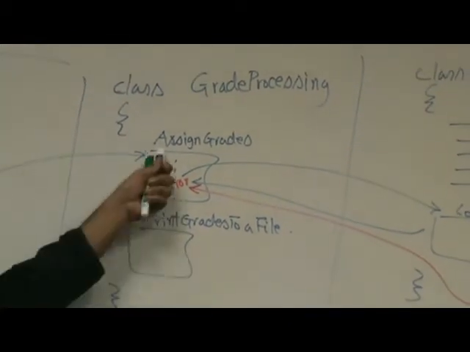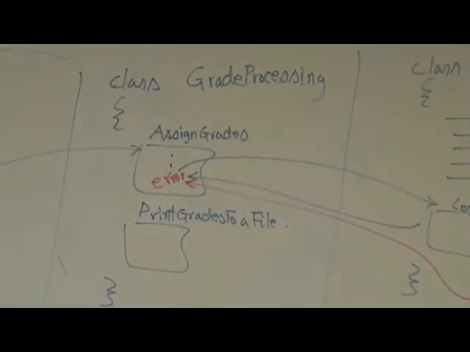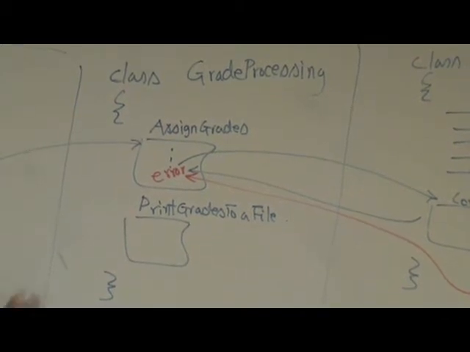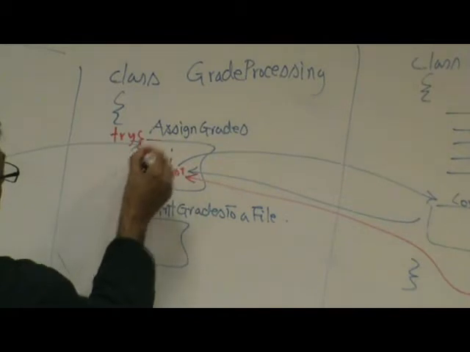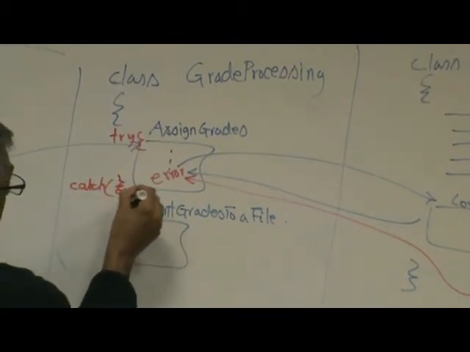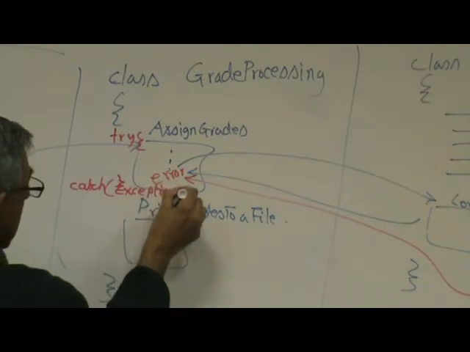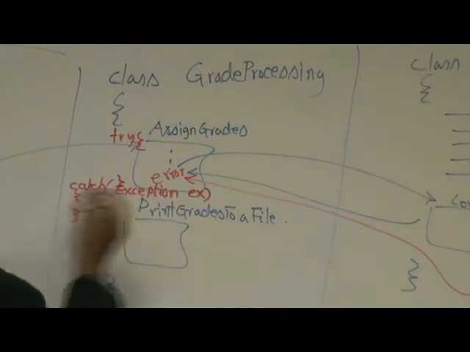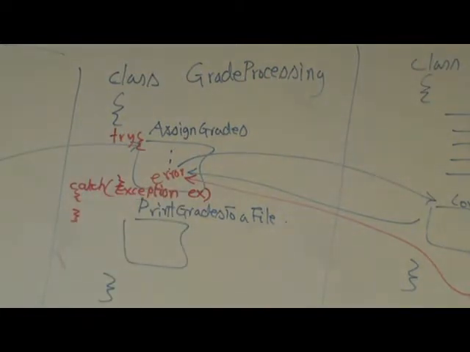Okay, should we write this in a try and catch also? Yes. Every method from now on has to be enclosed in try and catch. And again, at a minimum, you will do catch exception. Okay, so now what should we write in the catch part over here?